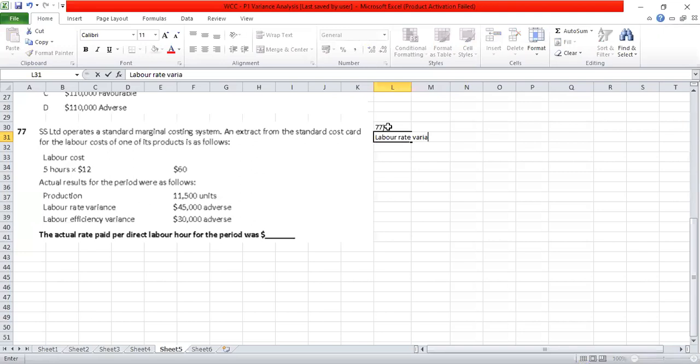Labor rate variance is equal to actual hours applied at standard rate per hour minus actual rate per hour, and that value is given to us as 45,000 at first.